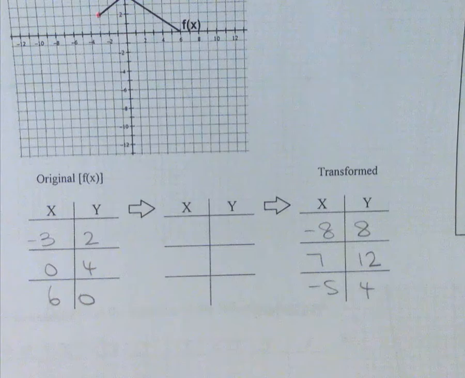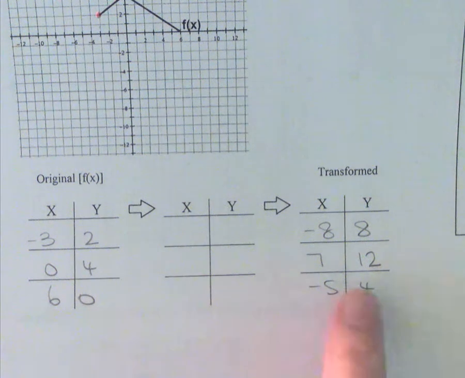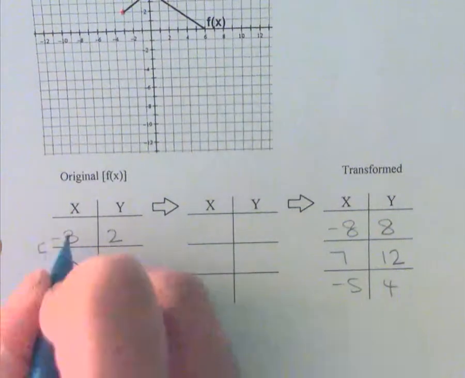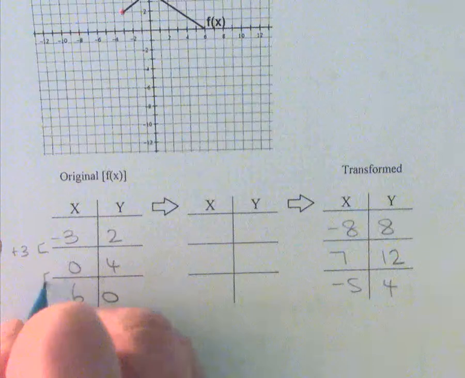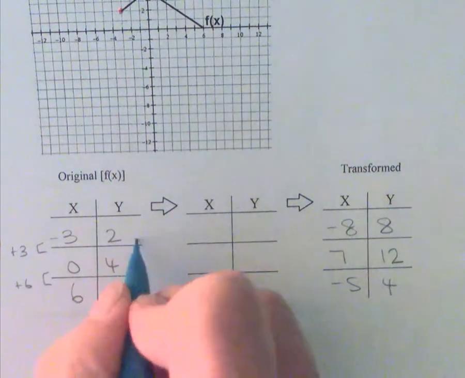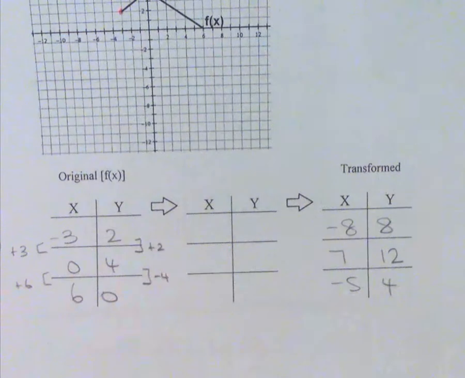Then I want to find the first differences of this graph and the first differences of this graph. I added 3, and then I added 6. On this side, I added 2, and I subtracted 4.